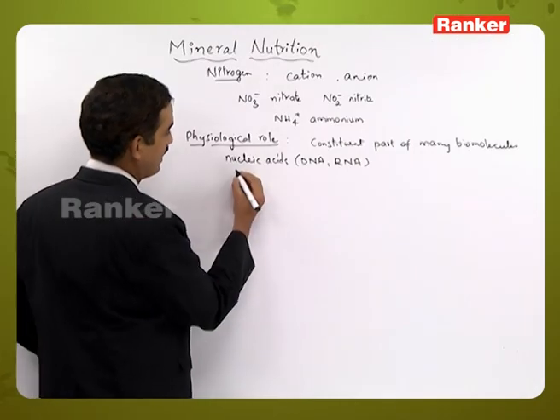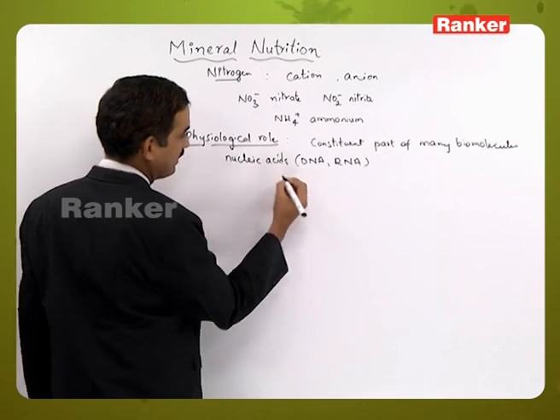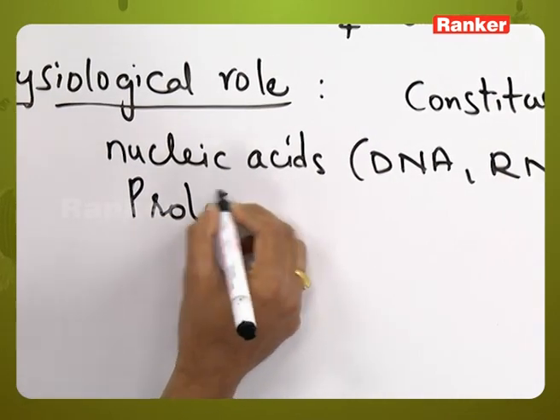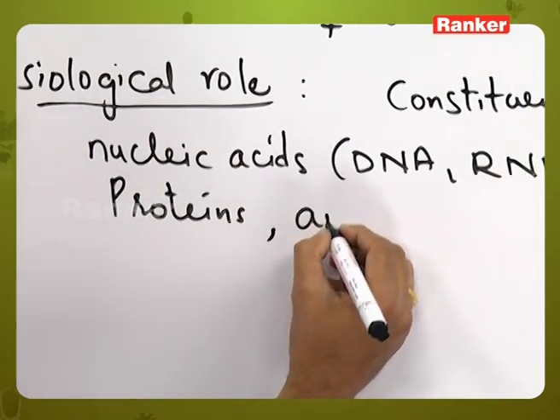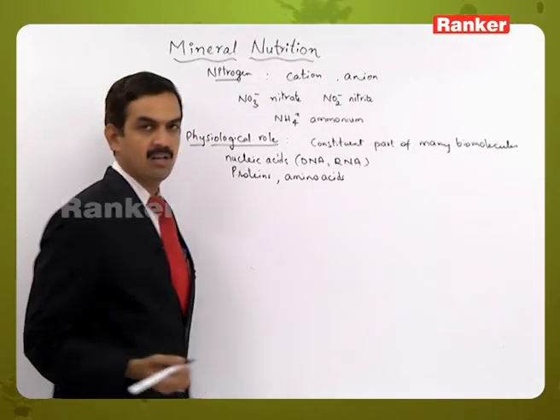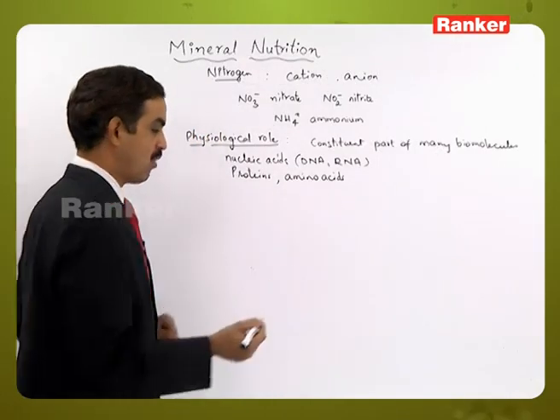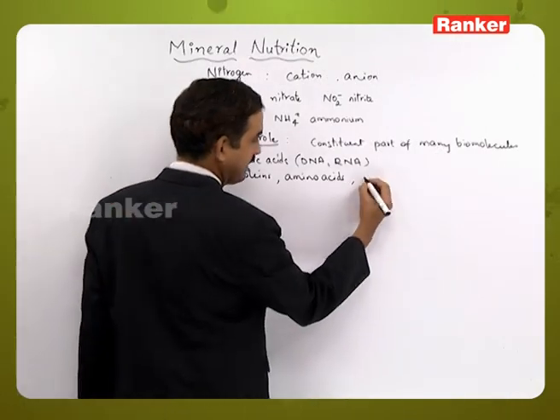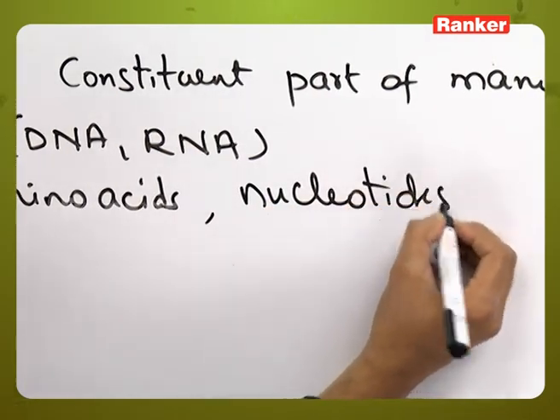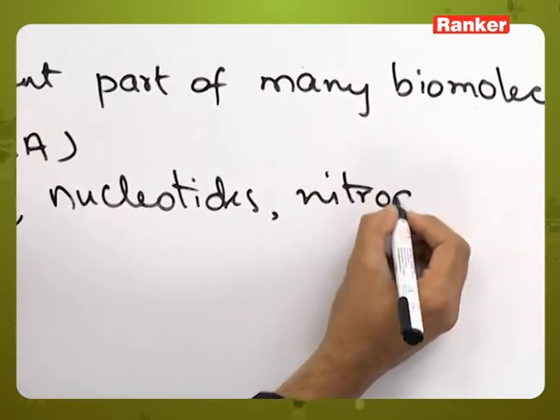So apart from that one, the nitrogen is also been the one of the major constituent part of proteins, and the proteins are the building blocks of amino acids, and these amino acids are made up of amides or nitrogen molecule. Then apart from that one, it is a constituent part of nucleotides, nitrogen bases.